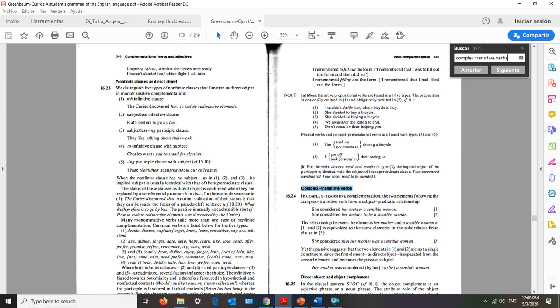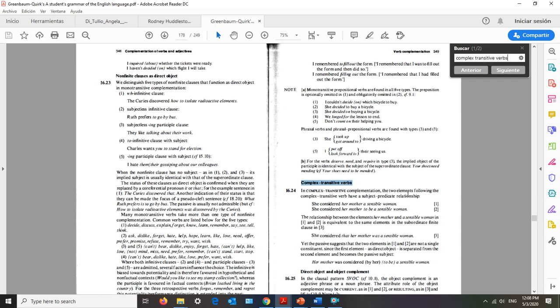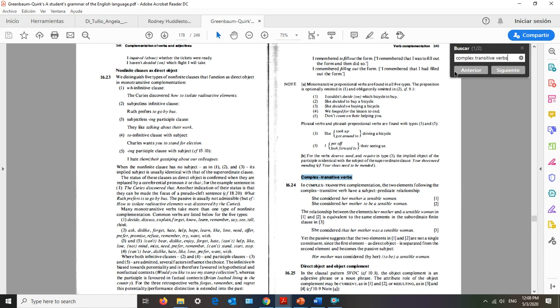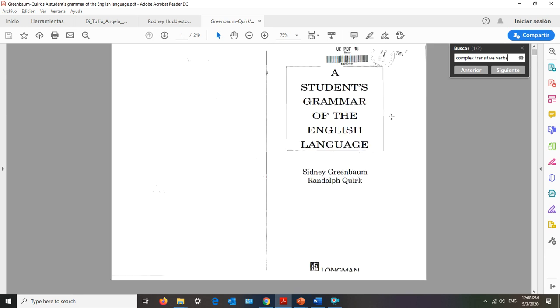But we are always returning to this source because it provides very clear and very student-friendly explanations. The source that I'm talking about is A Student's Grammar of the English Language by Greenbaum and Quirk. So I highly advise that you try to get it.